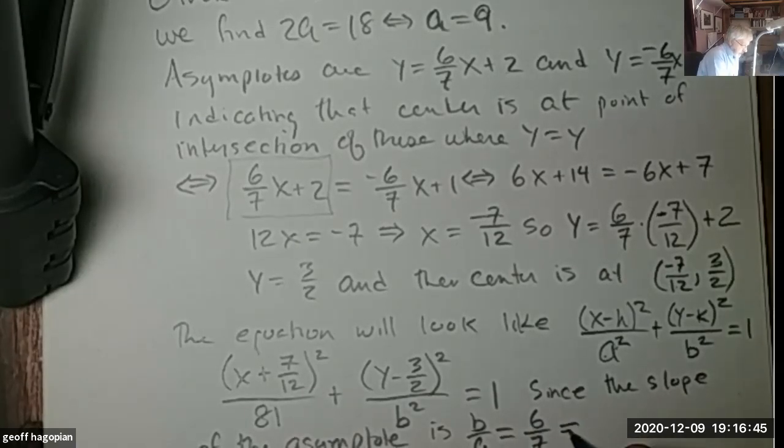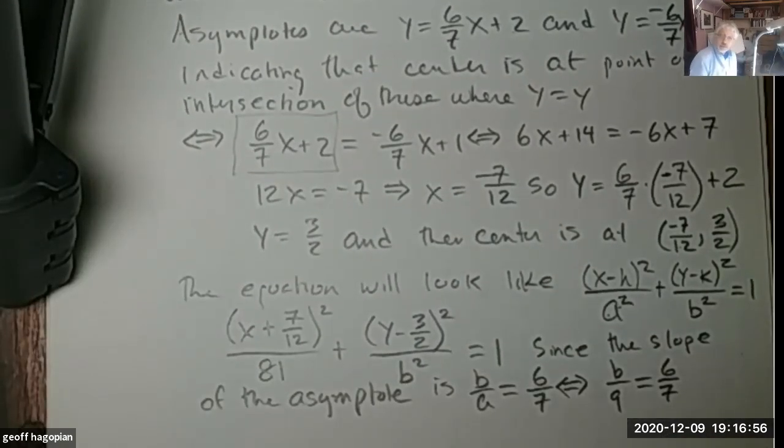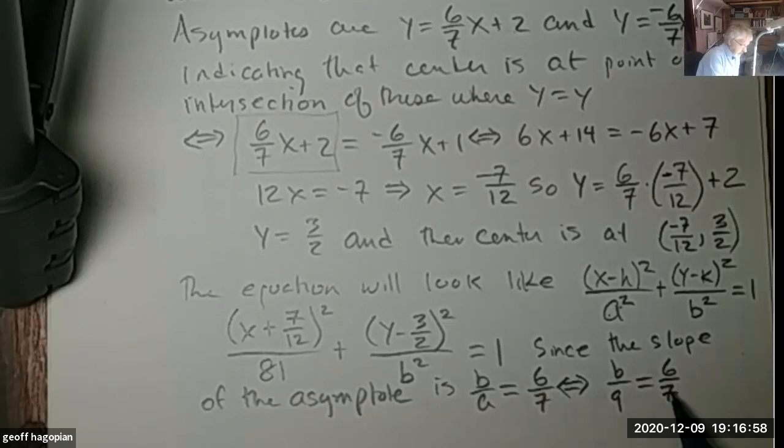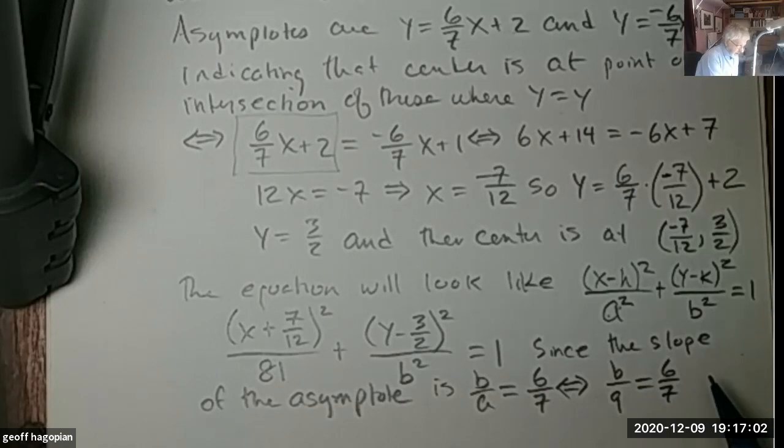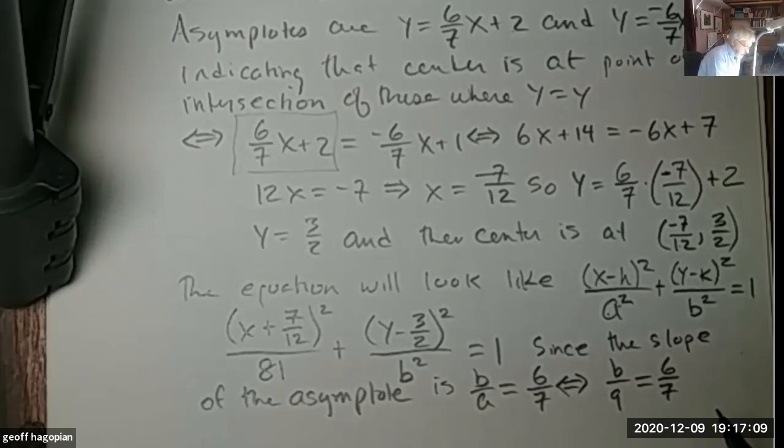We can say, well, look, we know a, we don't know b. We know a is 9, right? So that's an equation we can solve for b. It doesn't come out pretty. I mean, yeah, it's pretty. All numbers are pretty. So what can we say?